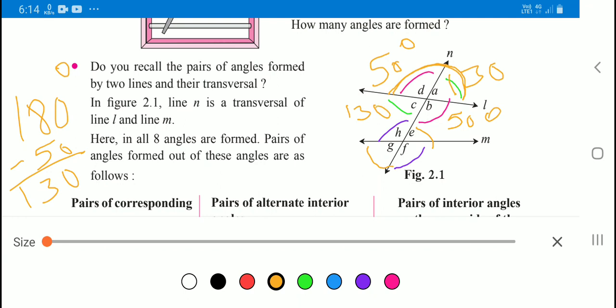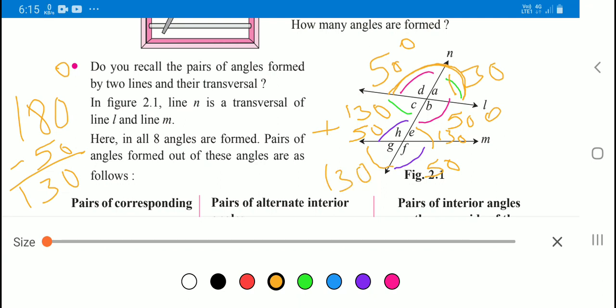Now you can see here D and H are which pairs of angles? Corresponding angles. So the measure of H is 50, and C and H are interior angles. Their addition will be 180, so each measures 130. Okay. Opposite of this is H, which measures 50, and 130 is opposite, so here the measure is 130.